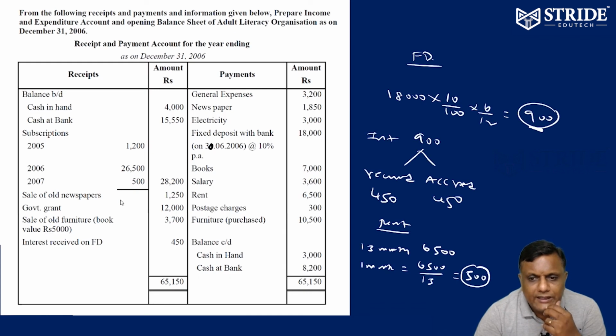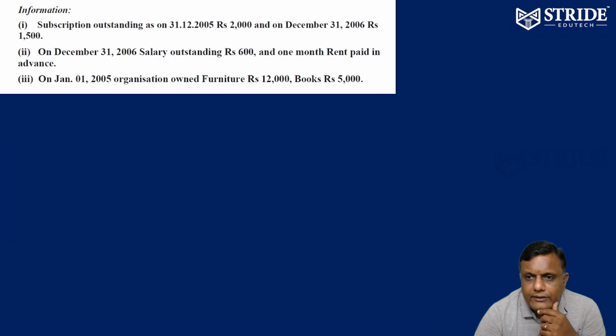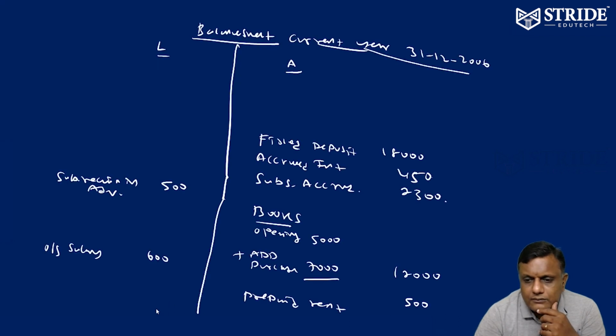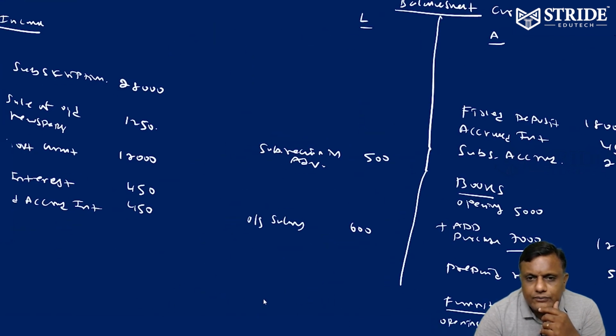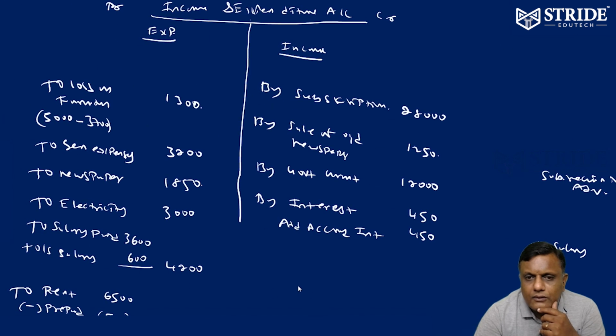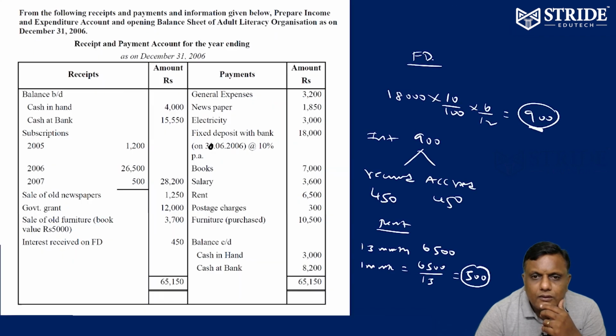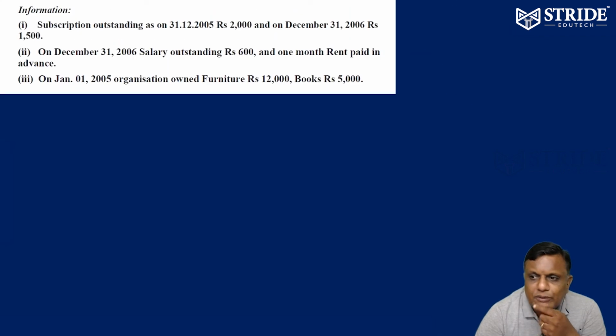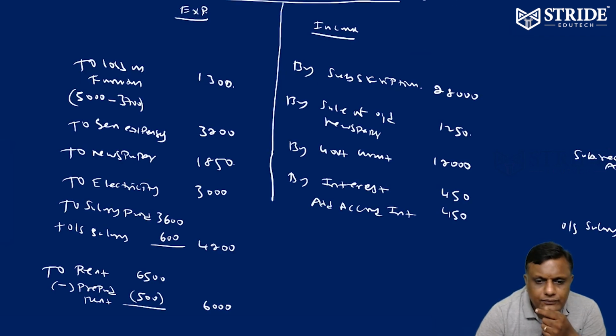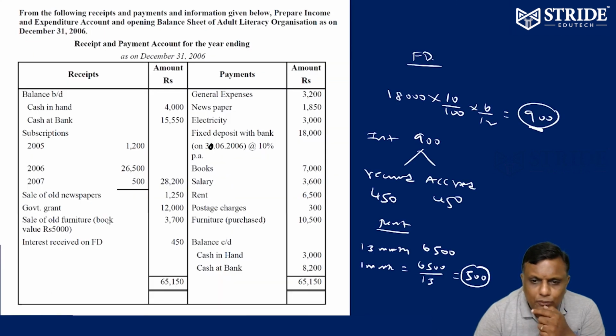Next one, sale of old sweep power, we have posted already on the income side. Kindly check it out. So the sale of 1,050 is posted already. Government grant posted. Loss on furniture: furniture of 5,000 sold for 3,700.